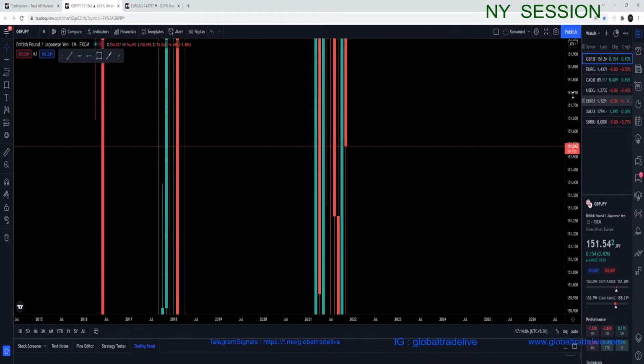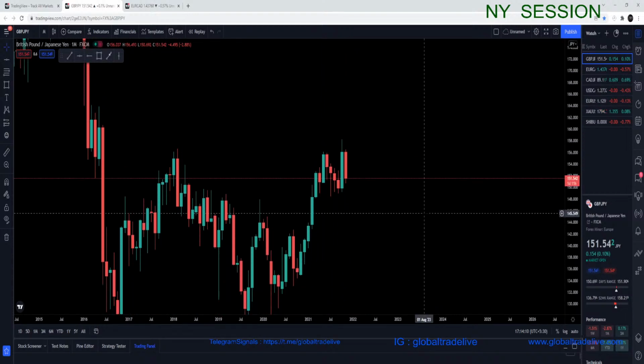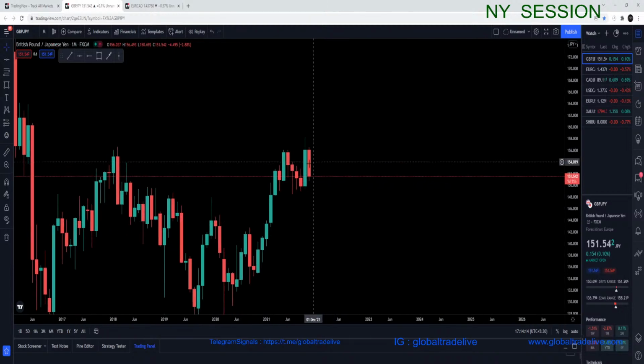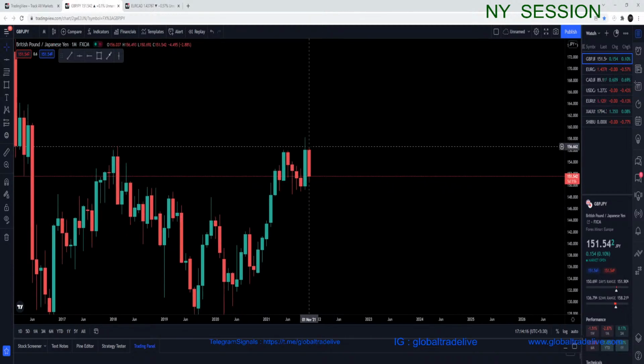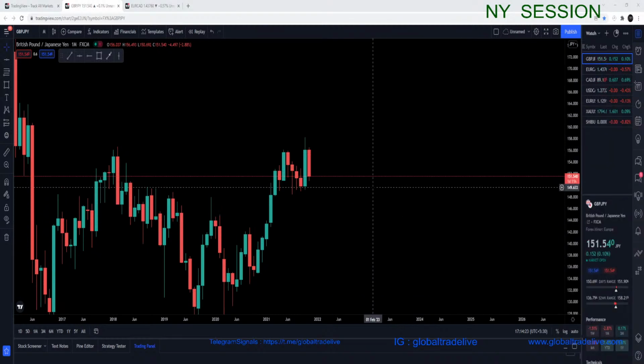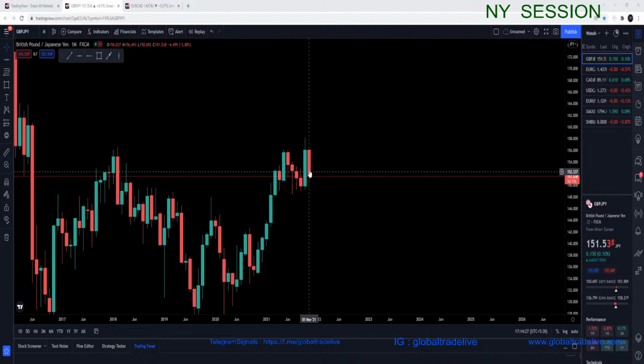I'm going to go to monthly and look at what monthly is doing right now. On the monthly time frame, this candle is coming all the way down strongly, and today is the second last day of the month. That means tomorrow will be the last day of the month, and this candle will be closing just like this.